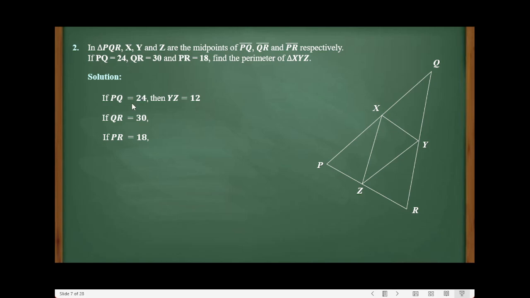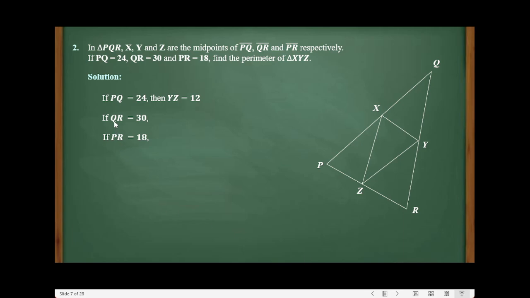So, if PQ is 24, therefore, YZ, which is the midline of this triangle with respect to PQ, it follows that YZ is 12.